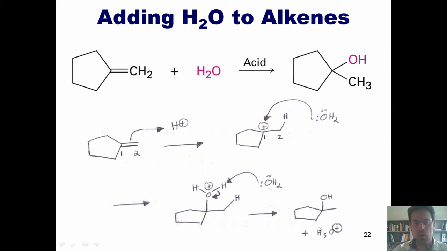It also generates in the process hydronium, H3O+, which can serve as the source of H+ in the next catalytic cycle. Thus, we see that the OH always ends up going into the more substituted carbon, that is, the carbon that would give the more stable carbocation intermediate, which in examples like this is the internal carbon, while the hydrogen from the acid ends up going on the external carbon in the carbon-carbon double bond.